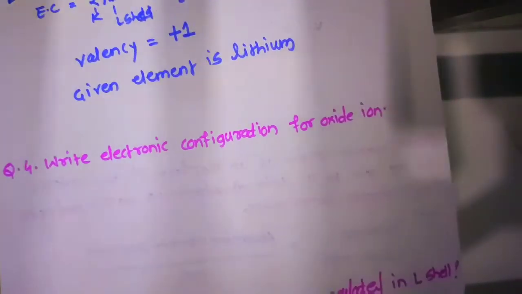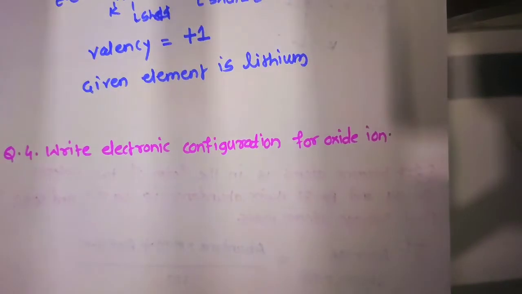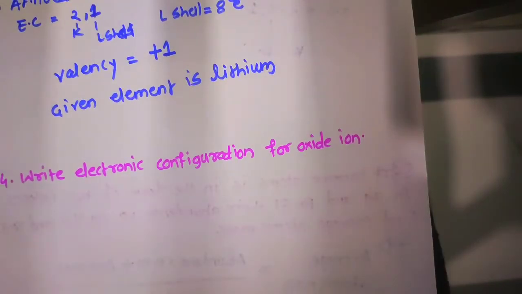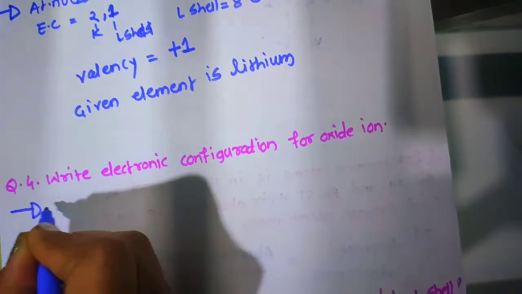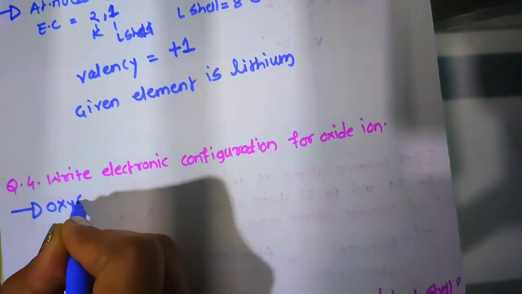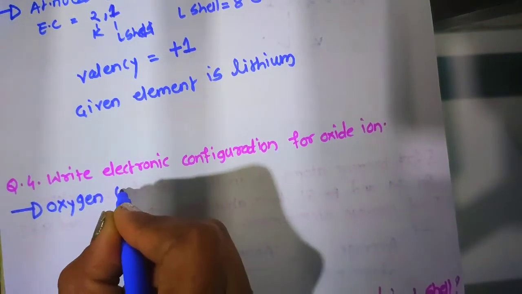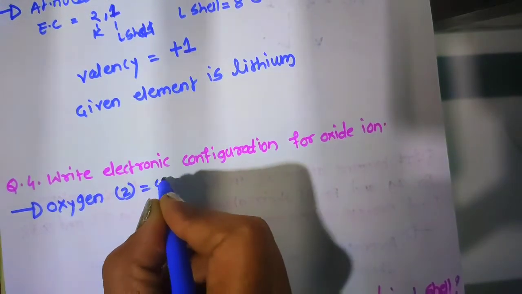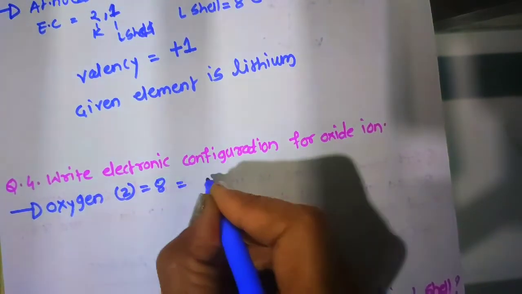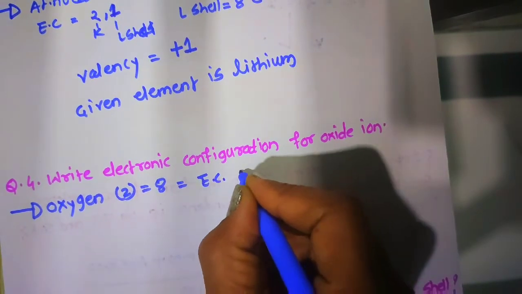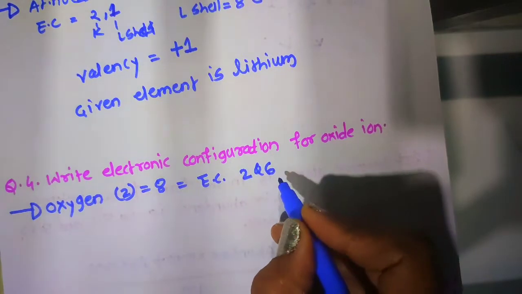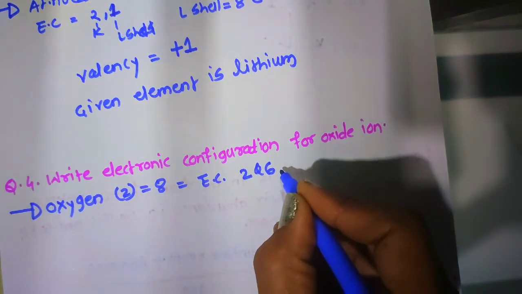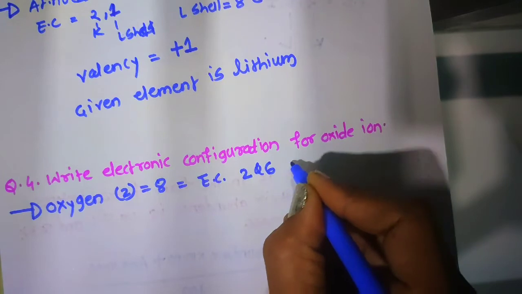Now we will solve the next numerical, that is, write the electronic configuration of the oxide ion. So first of all, oxygen, its atomic number is 8, its electronic configuration is 2 and 6. Okay, 2 and 6. So the valence shell is the L shell.